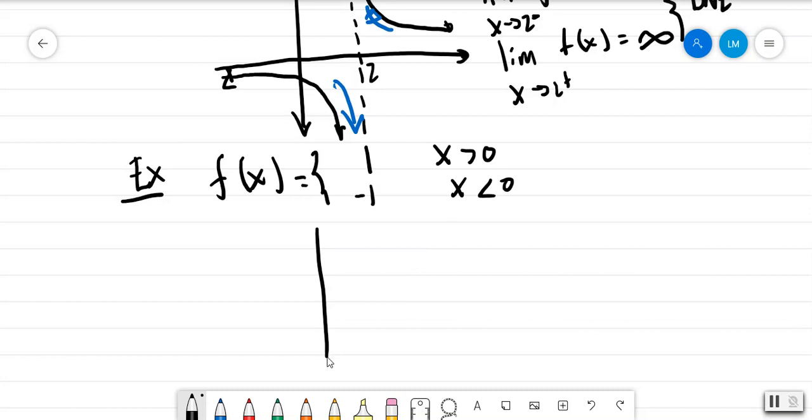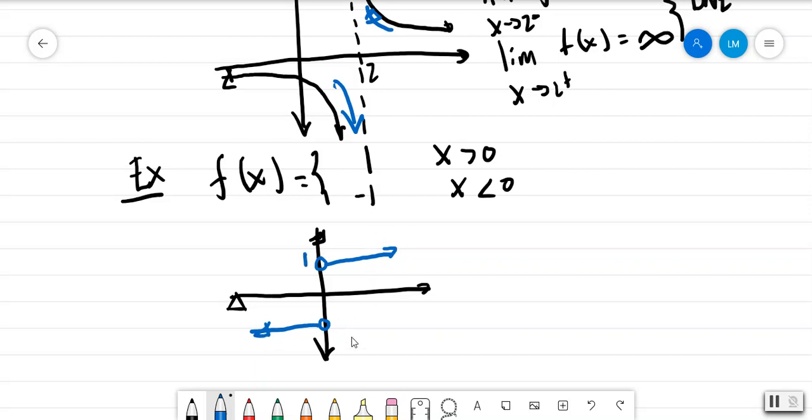If you look at the graph of the equation, it looks something like this. So you have that this is 1 and this is -1. But the limit as x approaches 0 for f of x does not exist.